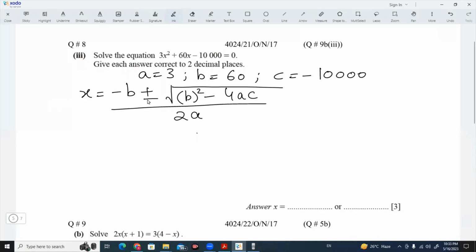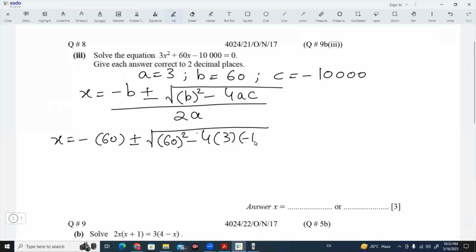Putting in the values, x equals minus 60 plus minus the square root of 60 squared minus 4 times 3 times negative 10,000, whole divided by 2 times 3.